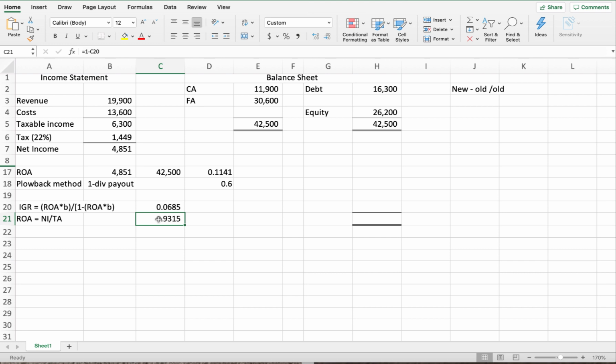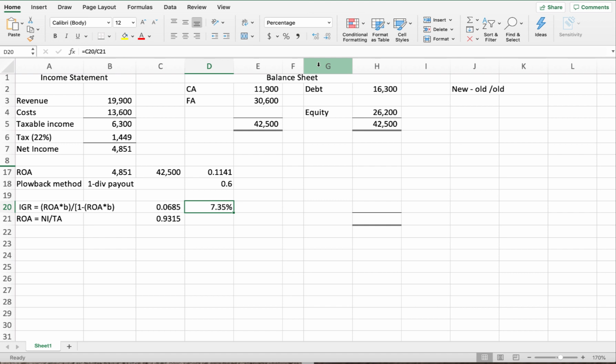So I'm going to divide my 0.0685 by 0.9315. My internal growth rate then is, taking it out two spots, 7.35%.